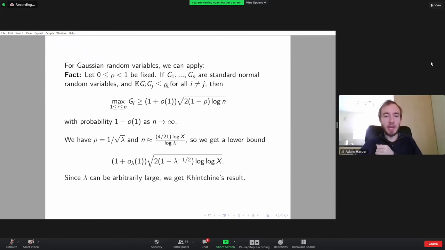If rho was 0, the correlations were at most 0, that would essentially correspond to the Gaussians being independent of one another. And it's a well-known fact that the maximum of n independent standard Gaussians has size like square root of 2 log n with very high probability. This is a generalization of that, where these aren't independent, you just have control on their correlations.